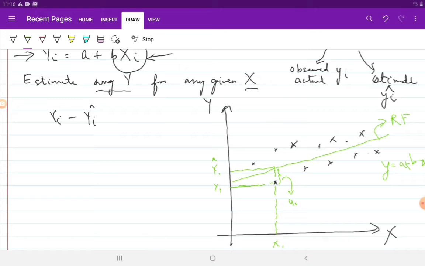Now if you have the entire population with you, for the same value of x1 there are probably many y values that can be recorded, and this y1 hat is supposed to give us an idea about what the average value of y is, given the value of x is equal to x1.